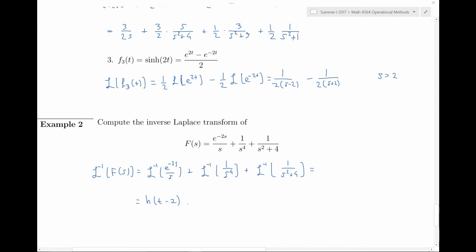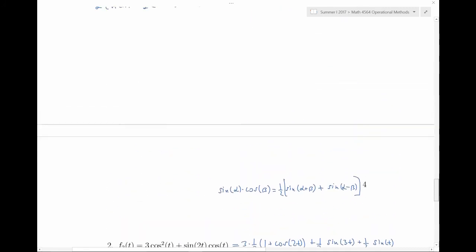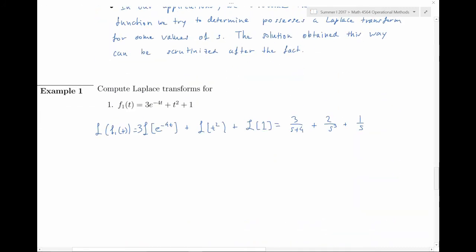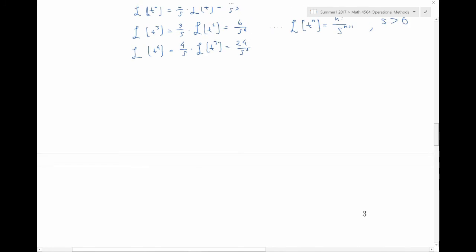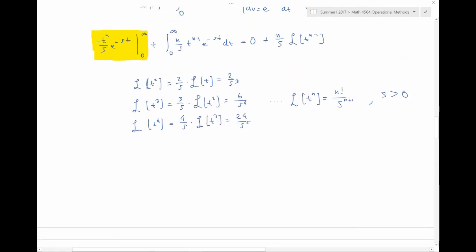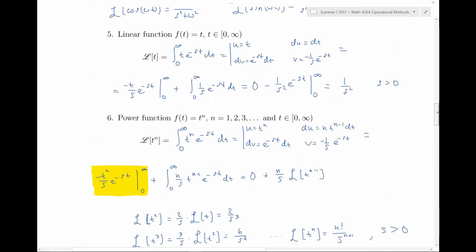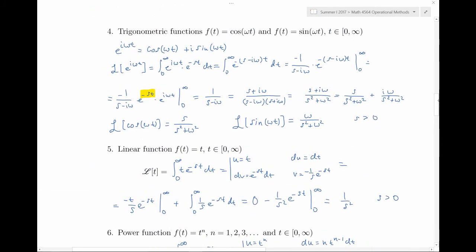The second one, well, s to the fourth, if we scroll back, the s to the fourth term is the one that should have 6 at the top. And so I'm going to need that. As well, for the s squared plus 4, we're missing the 2 at the top for the sine function.